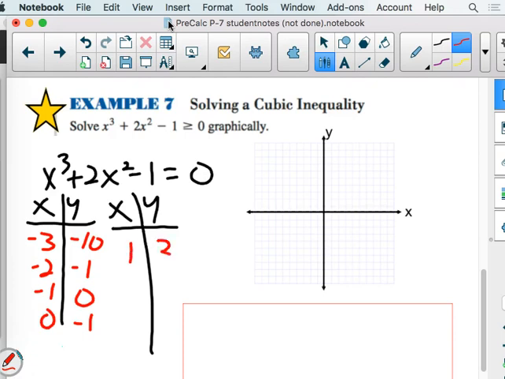So we have a place to aim. We'll aim at that 2, 15. So -3, -10, we're down there. -2, -1. -1, 0. 0, -1. 1, 2. And 2, 15. Aim it up there somewhere.